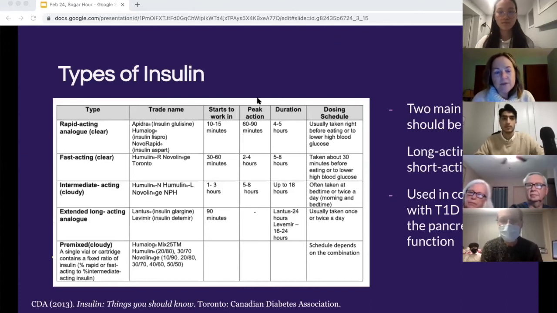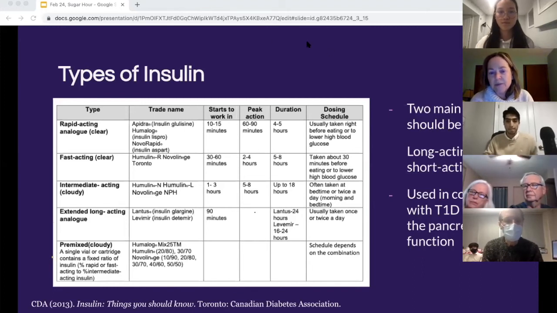One thing we've always struggled with is that even though these extended long-acting insulins are suggested on this chart to last up to 24 hours, it always seemed the insulin was running out by the time patients were ready for their injection again. So we knew it wasn't really lasting 24 hours. There are a couple of new ones, Toujeo and Tresiba, where we have more evidence that they do last 24 hours. So that's a good thing.